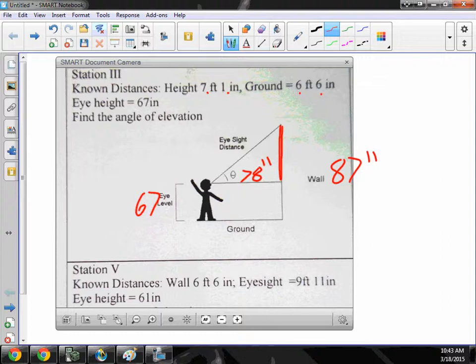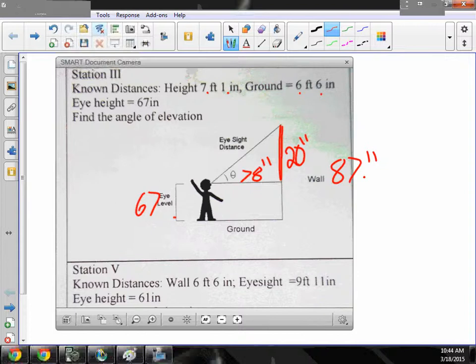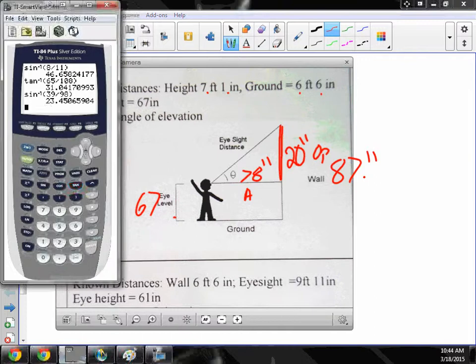If the eye height is 67 and the wall is 87, then this must be 20 inches. What trig ratio would you use here? So this would be adjacent and this would be opposite, which is the tangent. So second tangent of 20/78 tells me that the angle is 14.38 degrees.